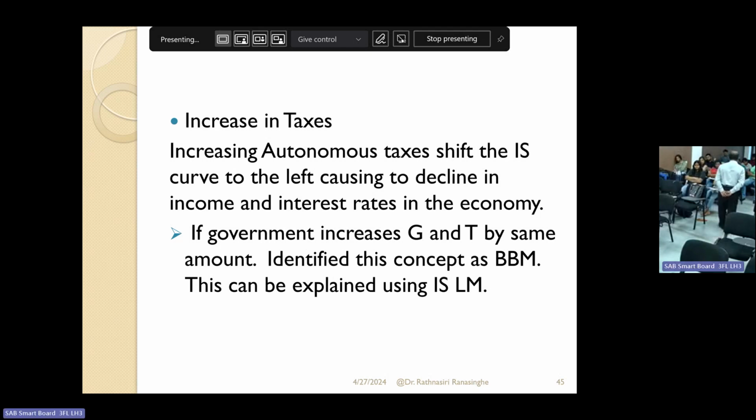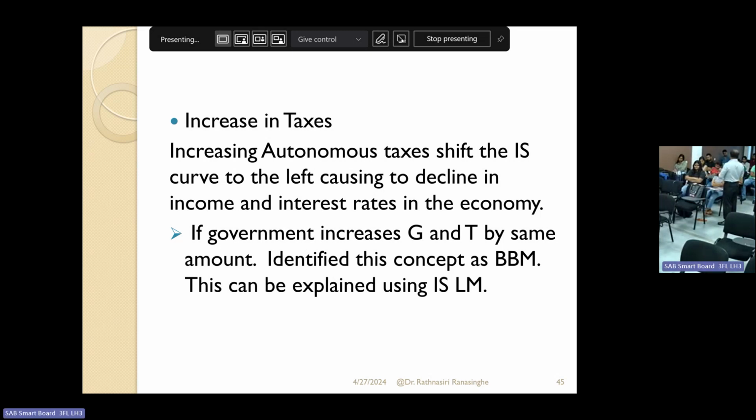This is a concept. The impact on the national income we identify.